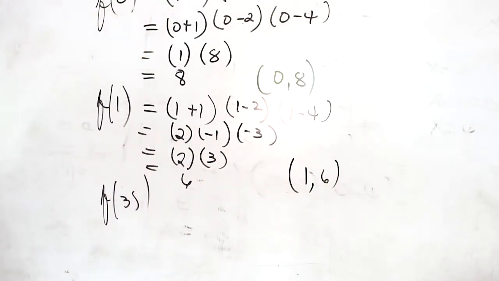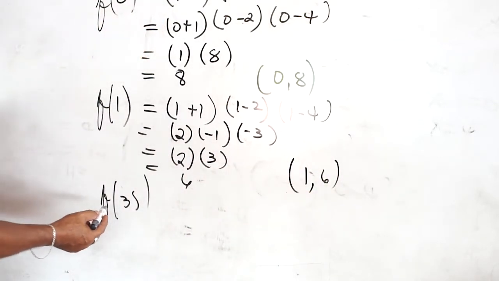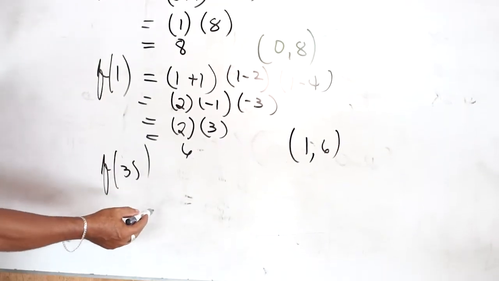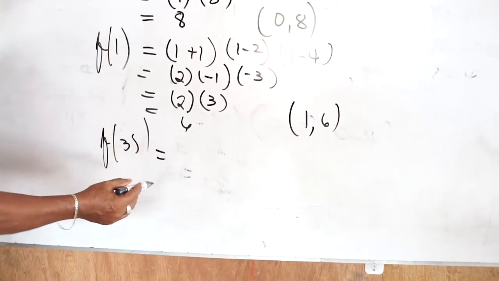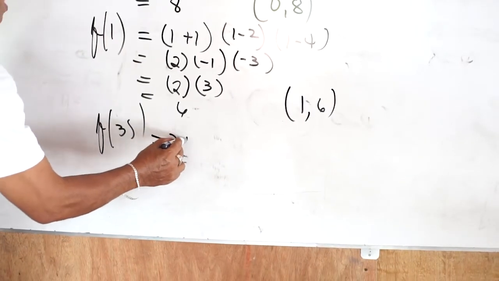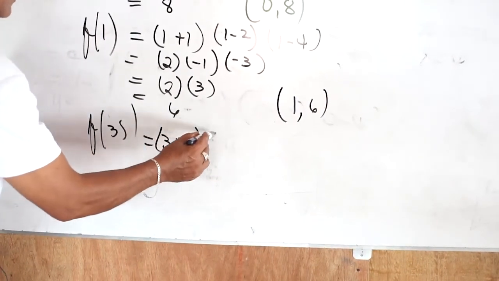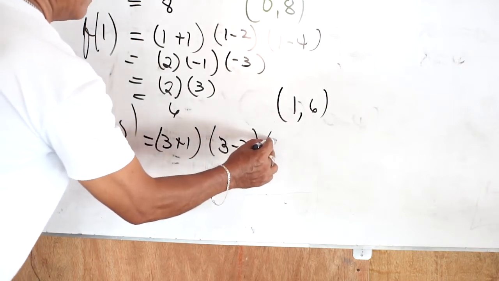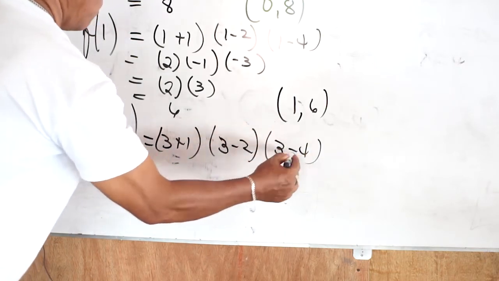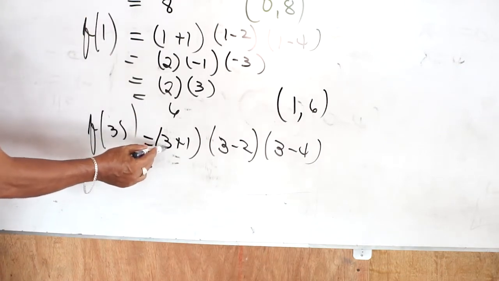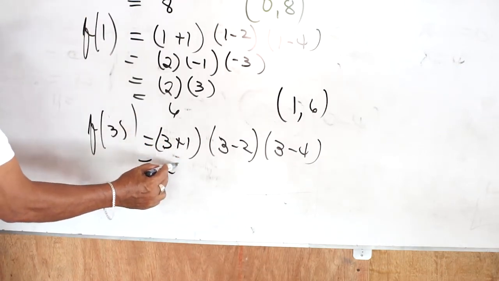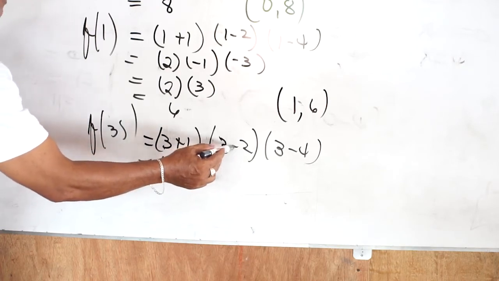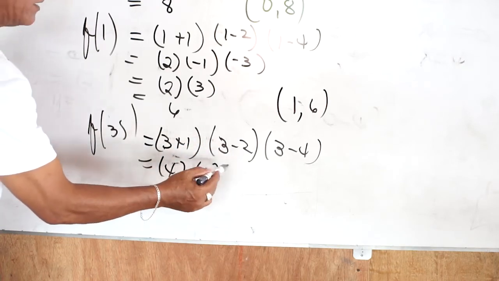Okay, next, f of 3. So we have 3 plus 1, then 3 minus 2, then 3 minus 4. Then simplify. 3 plus 1 is 4. Then positive 3 and negative 2, the result is positive 1.